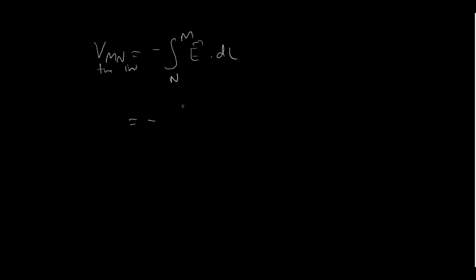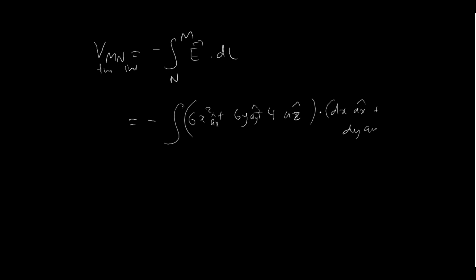Okay, so n to m of E dot dl, that will be minus. What is E dot dl now? E is 6x square ax cap plus 6y ay cap plus 4 az cap, dot dl. It is a Cartesian coordinate system, so dl is dx ax cap plus dy ay cap plus dz az cap.